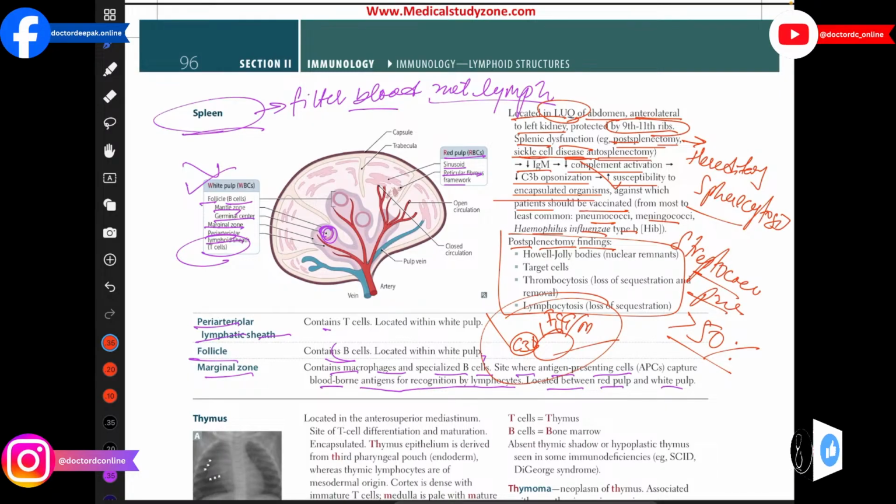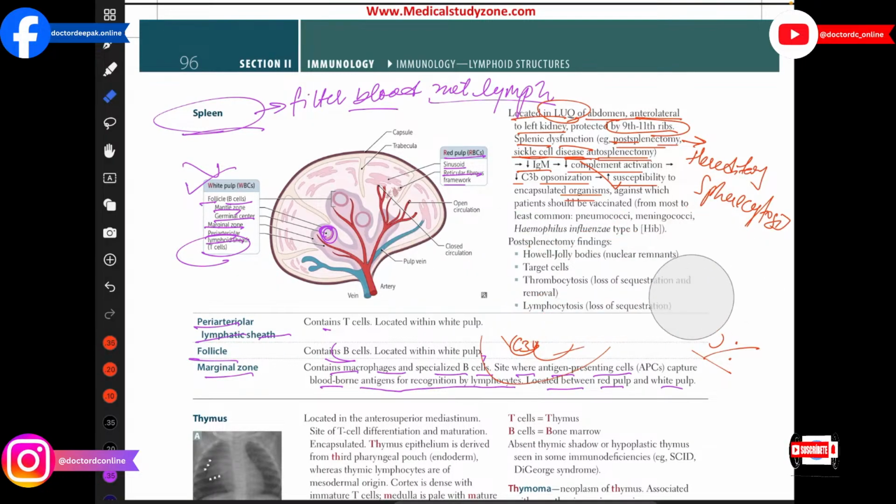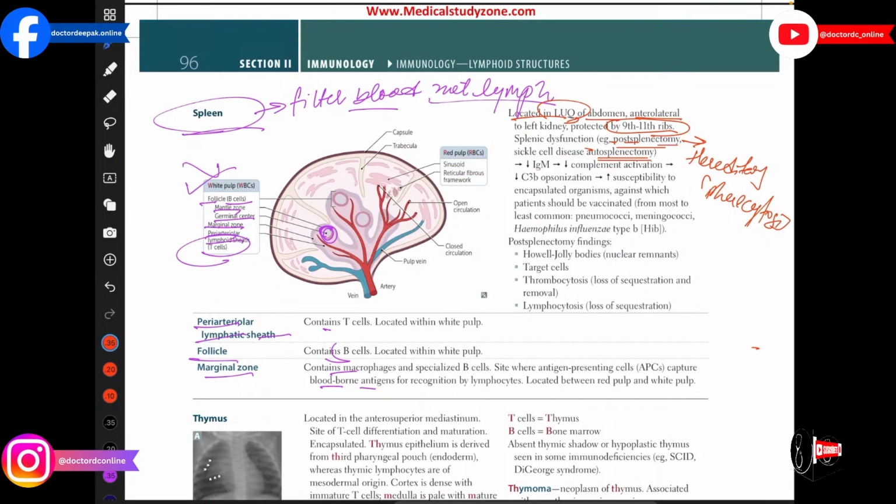If a patient has no spleen, what findings will you see? For instance, Howell-Jolly bodies. There is a nuclear remnant, for example. In that RBC, we find a small nucleus. These are Howell-Jolly bodies.